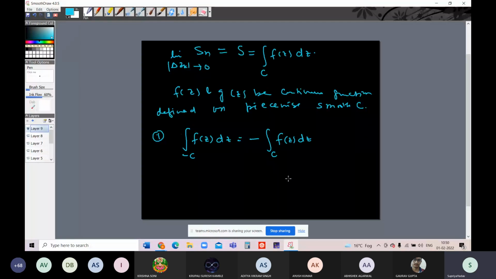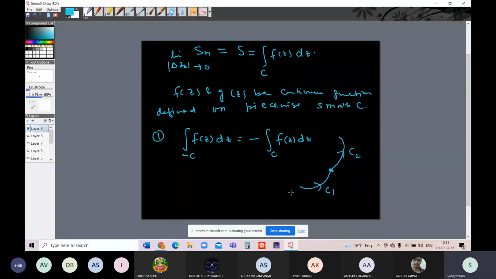Suppose that C is the curve which consists of two piecewise smooth arcs C1 and C2. This curve is the sum of two curves, C1 and C2, joined such that the end point of one is the initial point of the other.